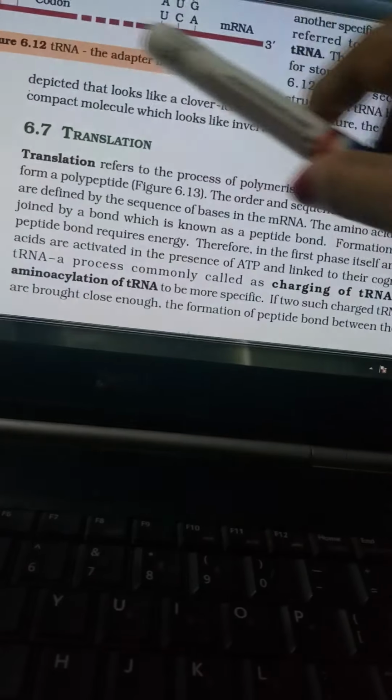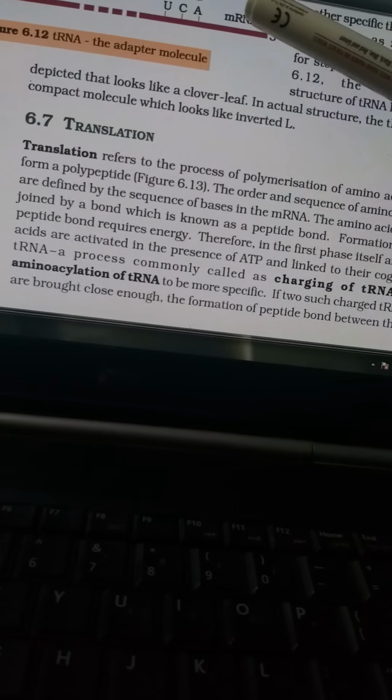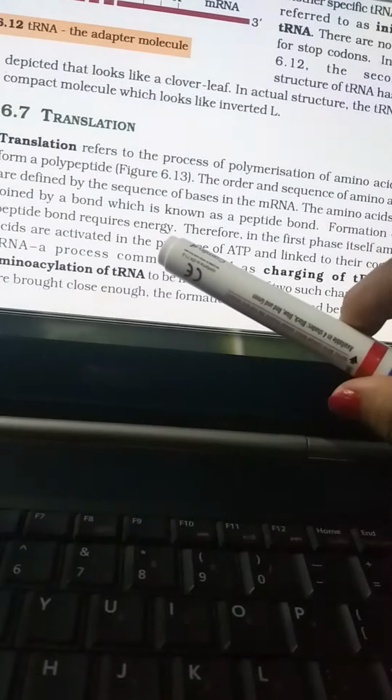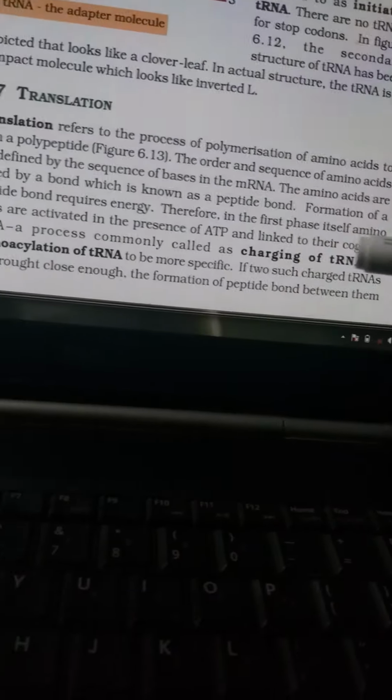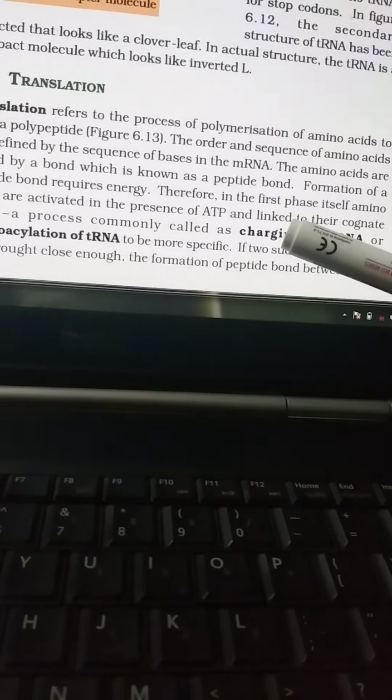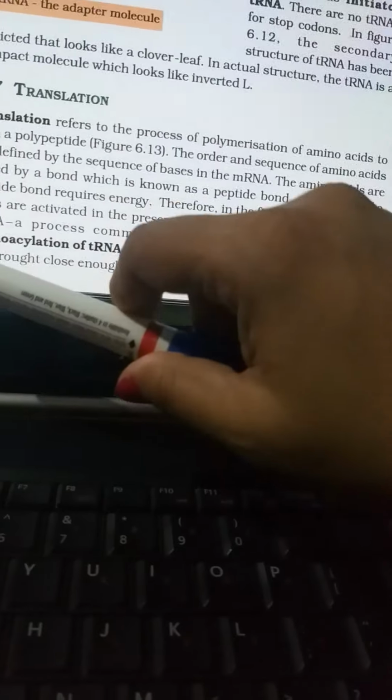See, mRNA has a codon, tRNA has got an anticodon, and with that tRNA, the amino acid is linked. So the amino acids are joined by the bond which is known as a peptide bond. Formation of a peptide bond requires energy. So therefore, in the first phase itself, the amino acid is activated by the presence of ATP, and linked to the cognate tRNA.